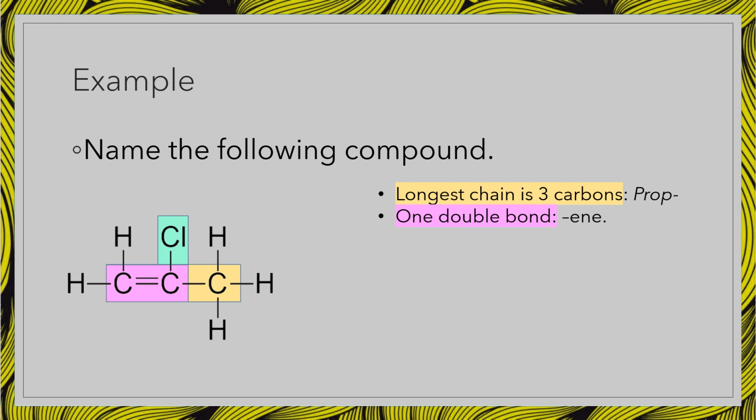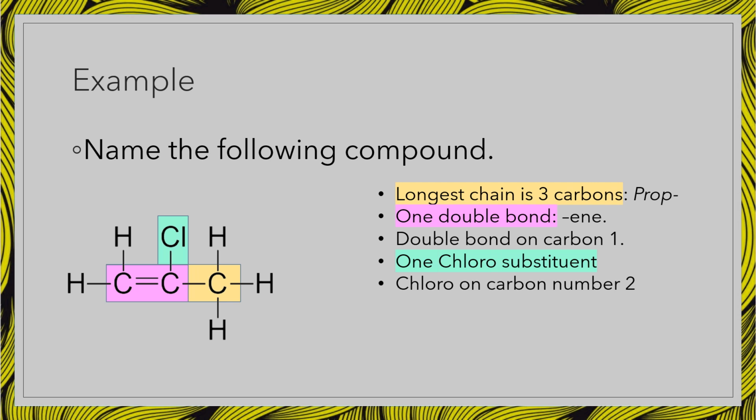Now, which carbon does that double bond belong to? Well, we like to number it so it's the lowest. So we're going to say that that's on carbon 1 to carbon 2. We have a chlorine, so we call it a chloro substituent, and it's on carbon 2.